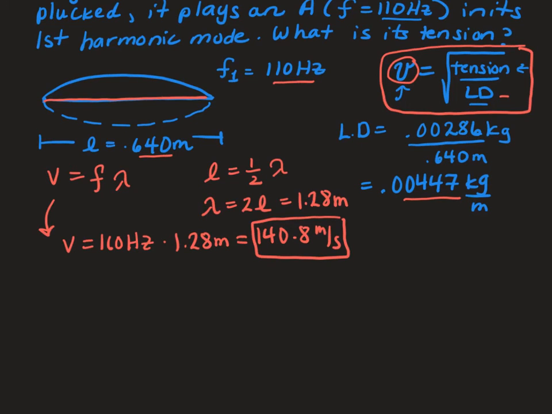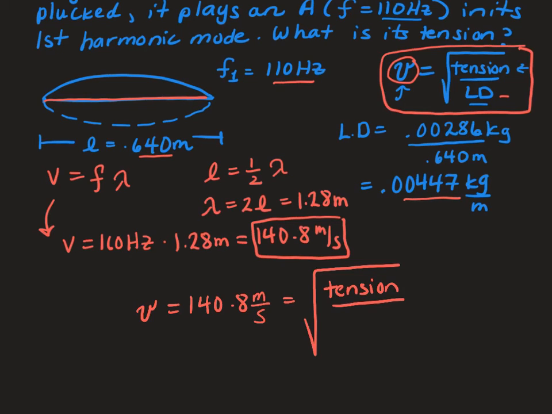So the last part is going to be me using my equation, velocity, which is 140.8 meters per second, equals the square root of the tension, which is what I want, divided by the linear density, which is 0.00447 kilograms per meter.